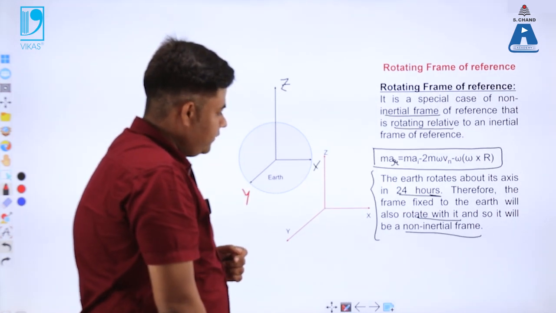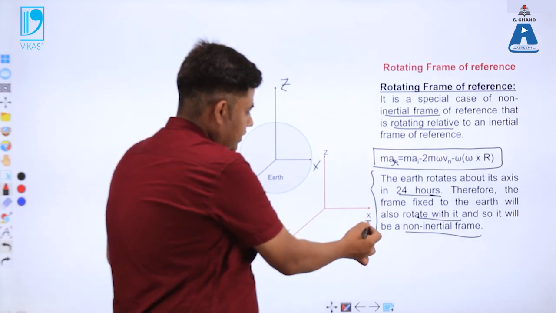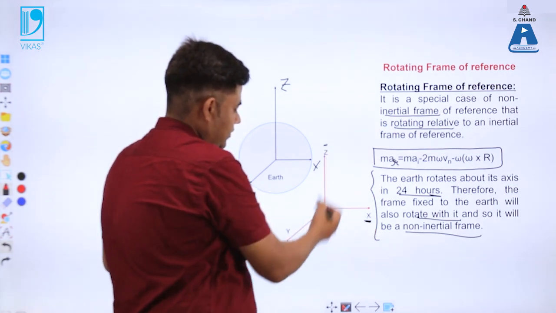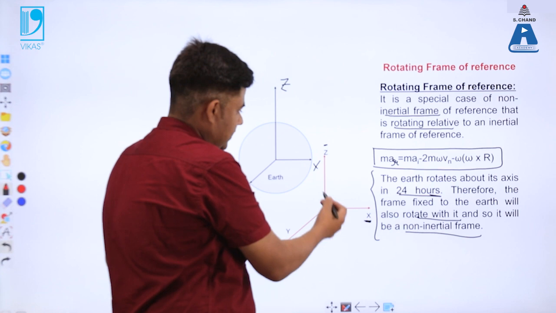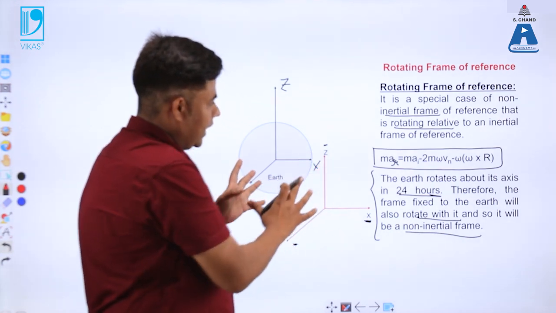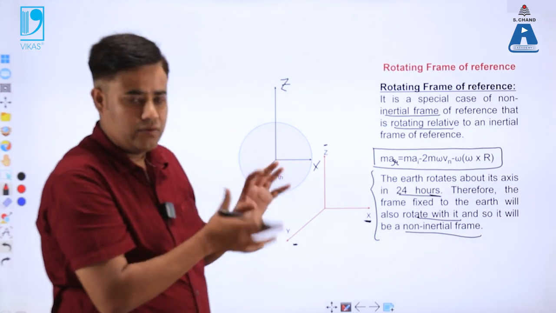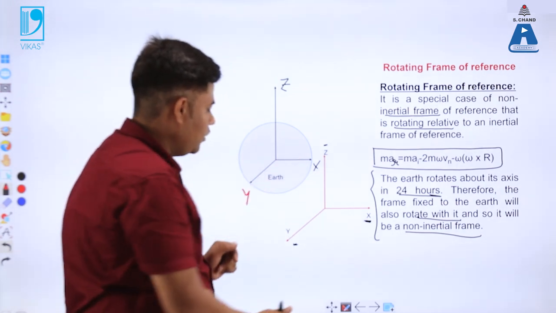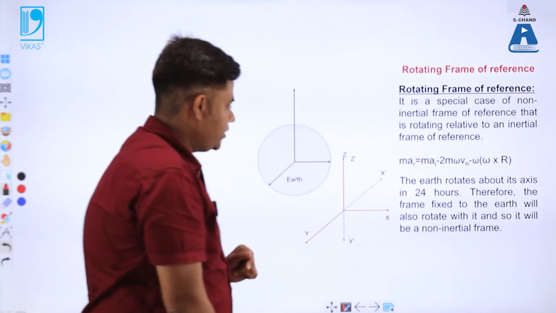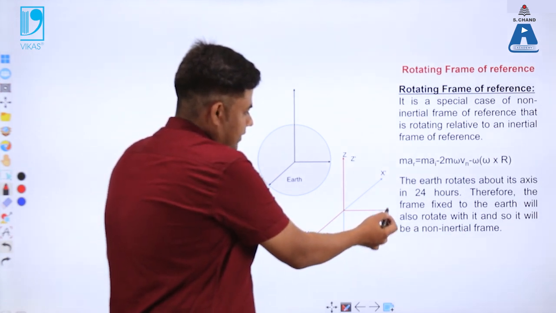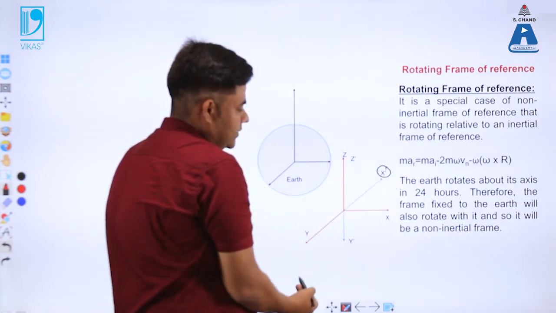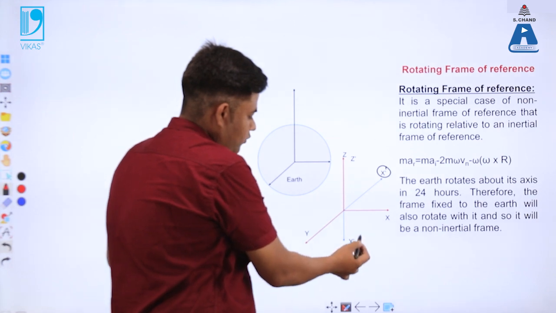In the previous situation, I told you that these are the fixed values of the coordinates, x, y and z. Now I have told you that the Earth is rotating, so the frame of reference would also be rotating in this situation. So x would be shifted to x dash and y would be shifted to y dash.